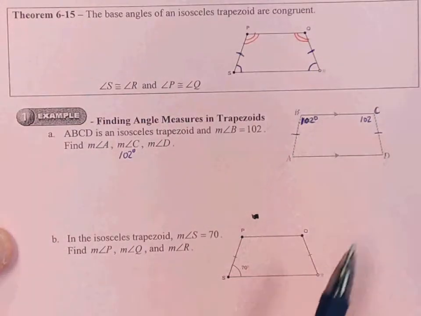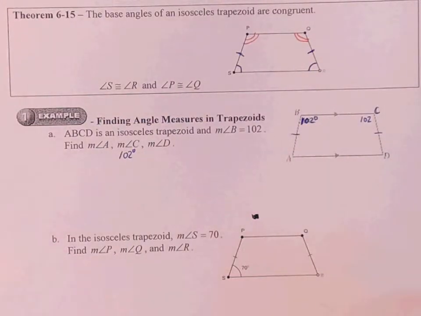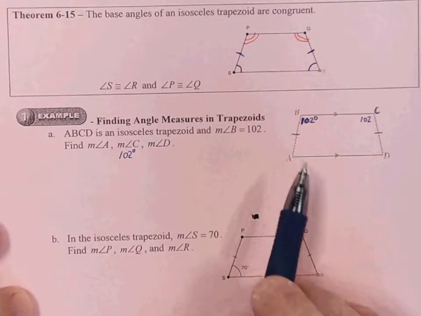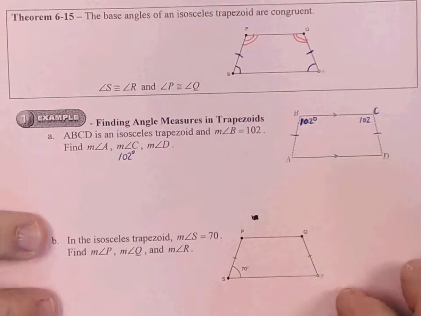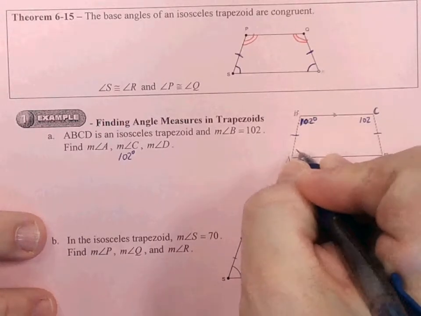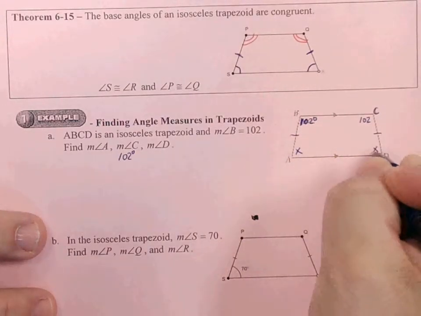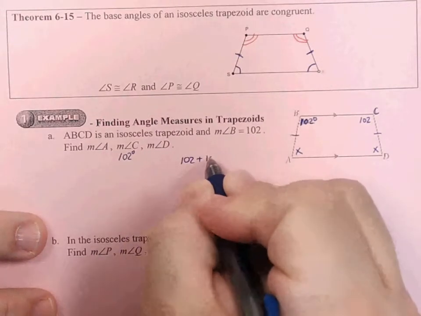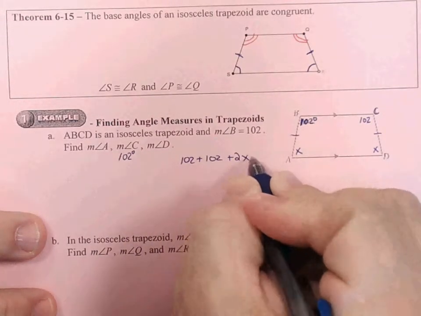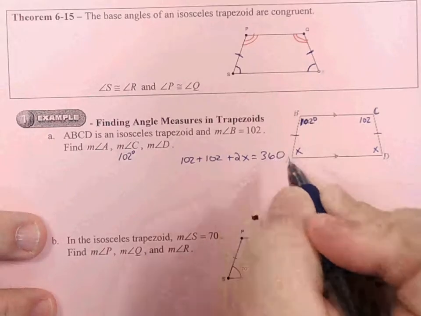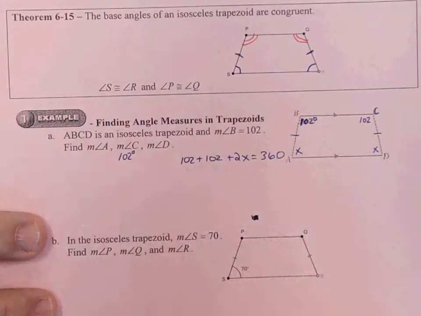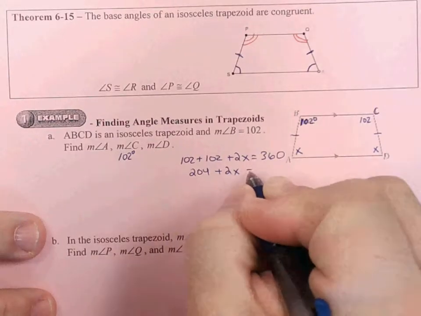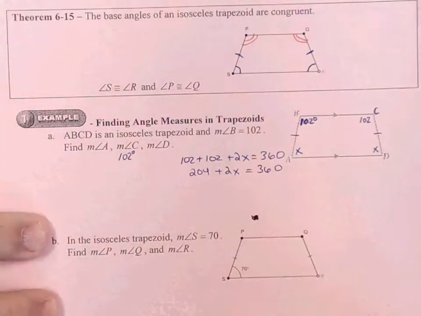So now we're going to find A and D. In order to find A and D, we know that we have a quadrilateral, and the degree measure of a quadrilateral is 360 degrees. So if this is x and this is x, we can add all of those up. 102 plus 102 plus 2x equals 360. So this is 204 plus 2x equals 360.